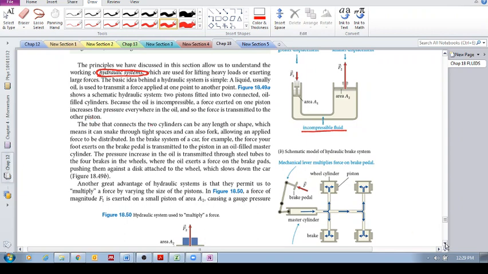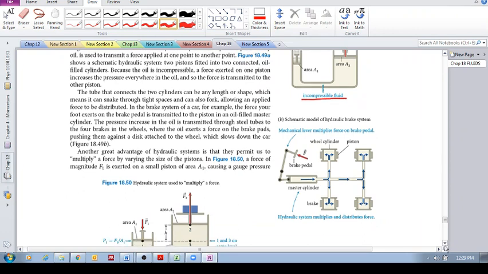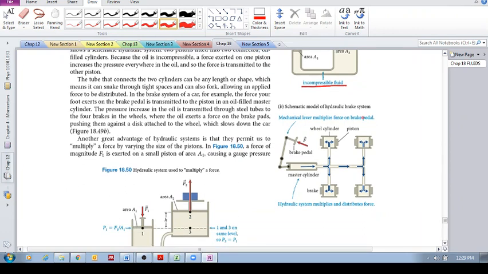Now, one of the best applications is in a car, where if you're driving and you press the brake pedal, then this mechanism applies the pressure into a master cylinder.